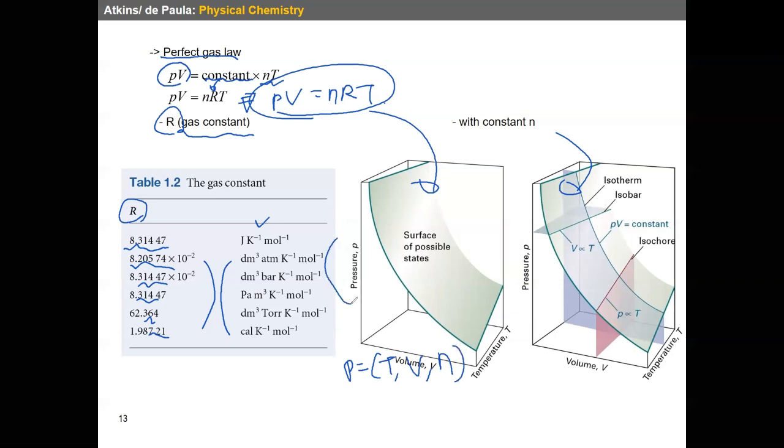That's why pressure, temperature, and volume are the main factors. With constant n, there is this kind of relationship in these perfect gases.